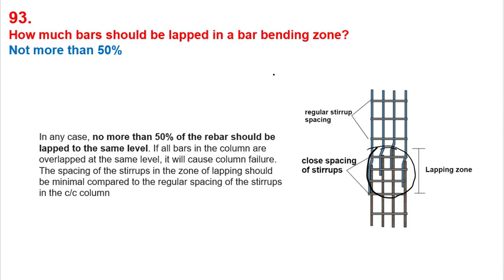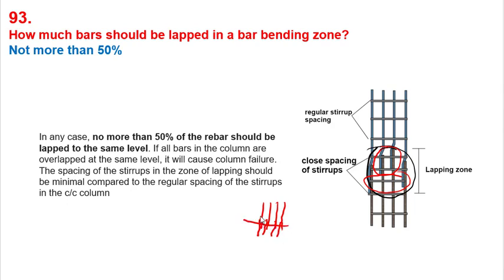That means 50% of the bars should be at a different level from the remaining 50% of the bars. In simple terms, the overlapping of all the bars should not be at the same level, right? Let's say, for example, if you have these 4 bars, we cannot lap all 4 bars at the same level.